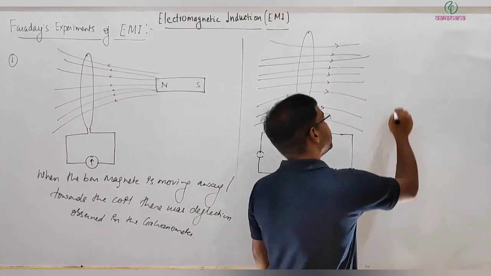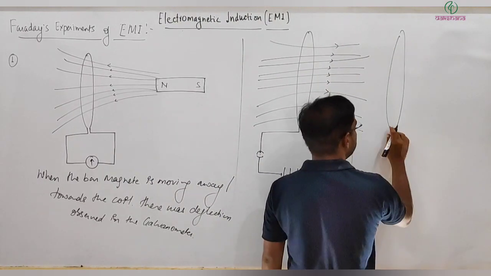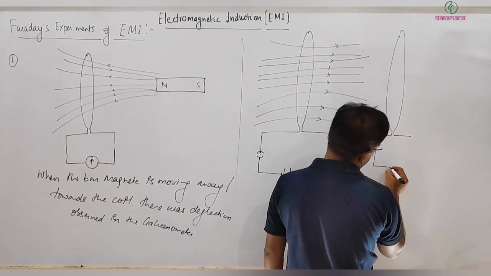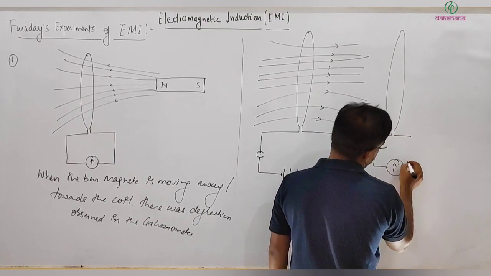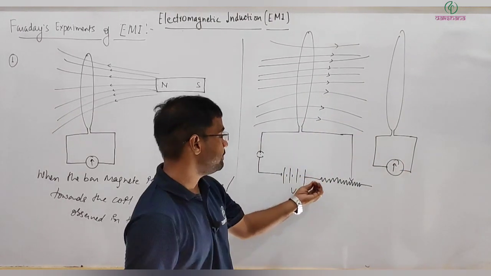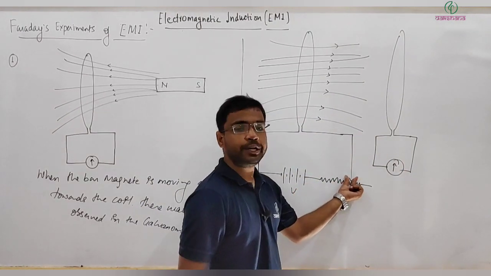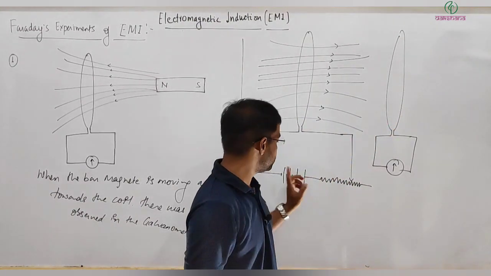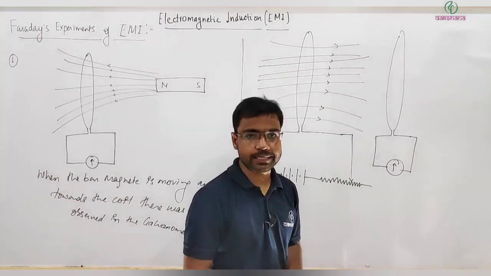Now what is happening? I am placing another coil here and connecting this coil to a galvanometer. And now if I'm just keeping it at, let's say, this point here, some flux will be linked initially. So when you are switching it on, there will be some deflection.